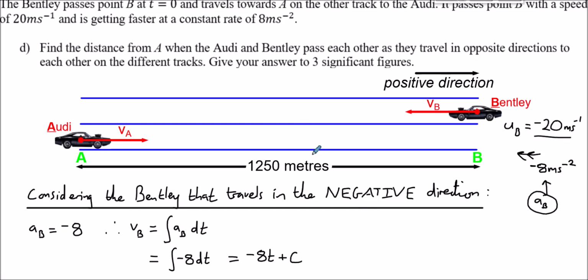We also have some initial conditions to consider. We know that it passes B with a speed of 20 meters per second.